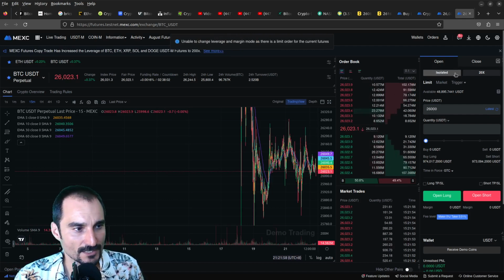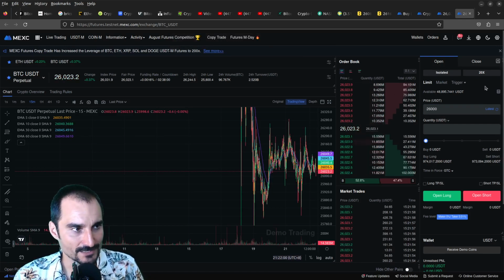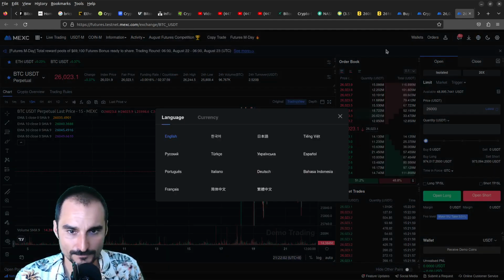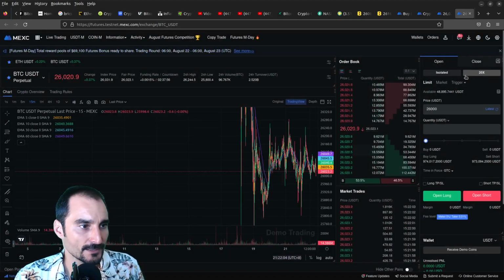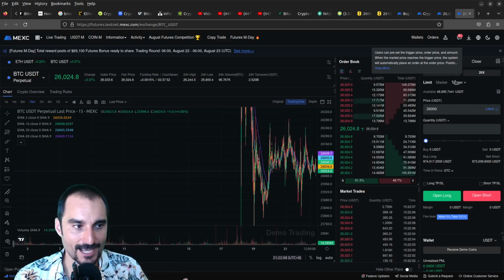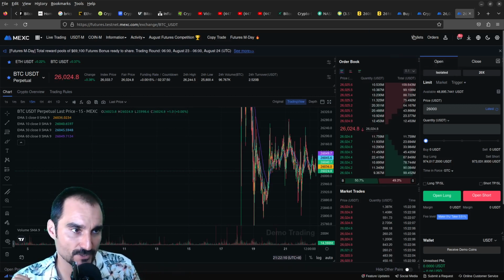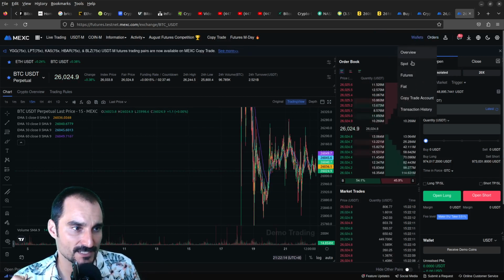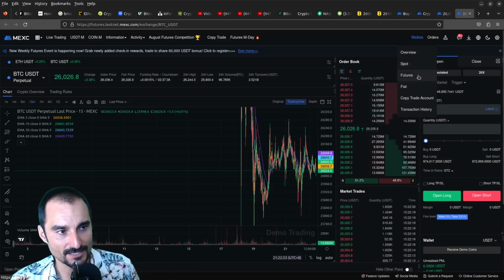Basically, Isolated means that this trade is isolated from the futures account. You can choose the language here, by the way. Because that is another thing that I forgot to explain: you will have to go through the wallet. If it is not a demo account, after the deposit, you will have to transfer it to futures.